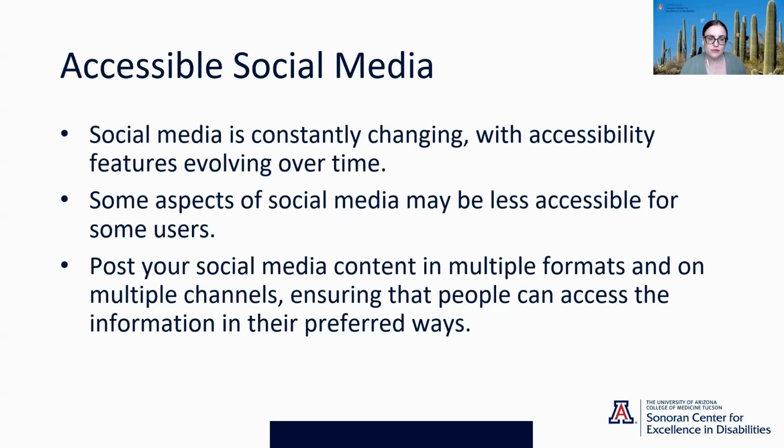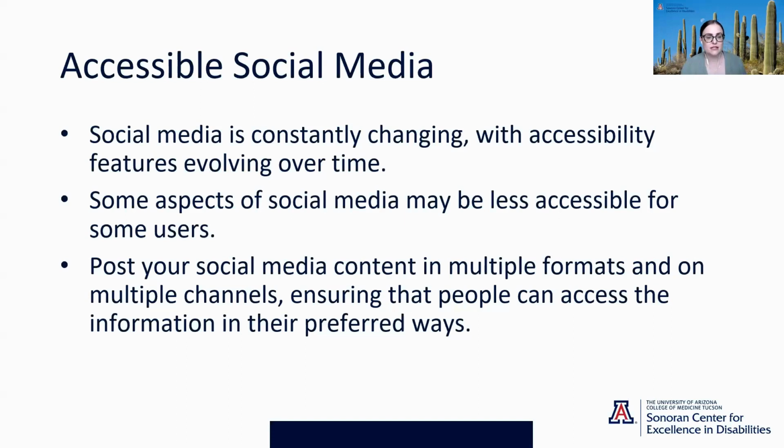Some social platforms or some specific aspects of social media may be less accessible for some users, such as Instagram stories. Those are the temporary slides that disappear after 24 hours. Those are not fully accessible to many assistive technologies, unfortunately.